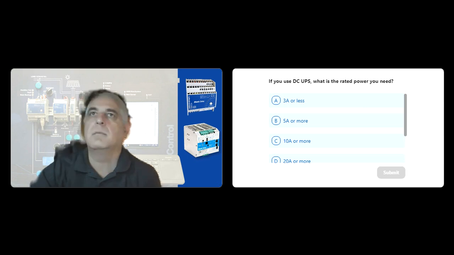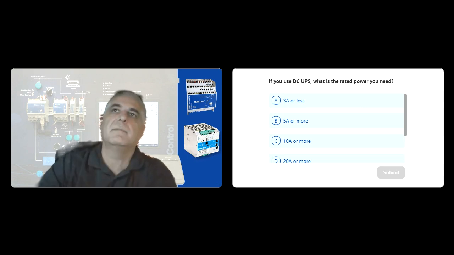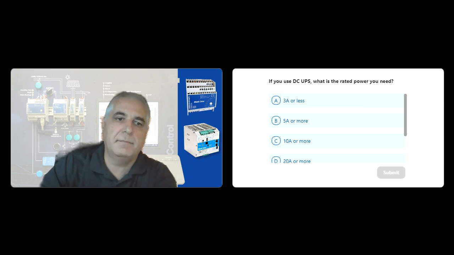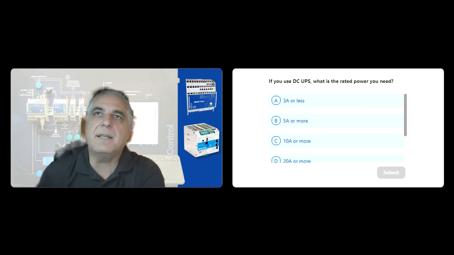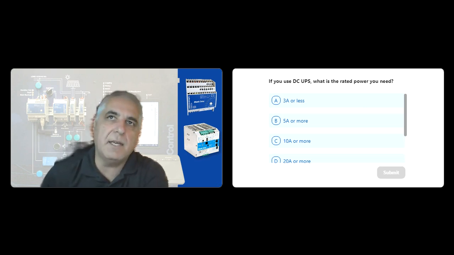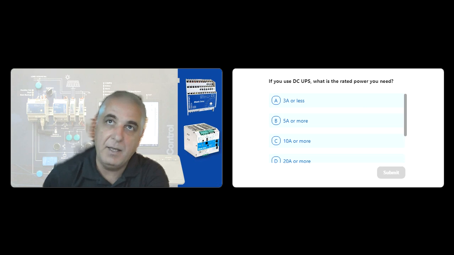The question is, if you use DC UPS, what is the rated power that you need? Any guesses on what we expect to see here, Laszlo? It's interesting, because I think the 10 amp is the most common, but I'm really looking forward to see what people are going to say.